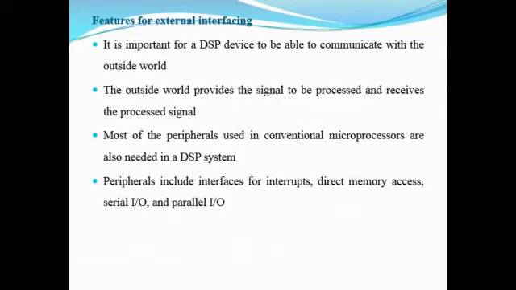The outside world may be just an oscilloscope or any display equipment, wherein the input you feed, for example an audio signal or any analog signal, may undergo some sampling process, and after sampling the signal is processed by the DSP system.